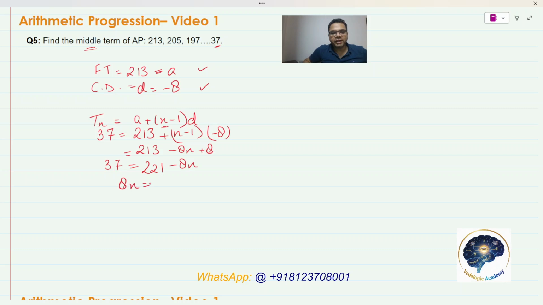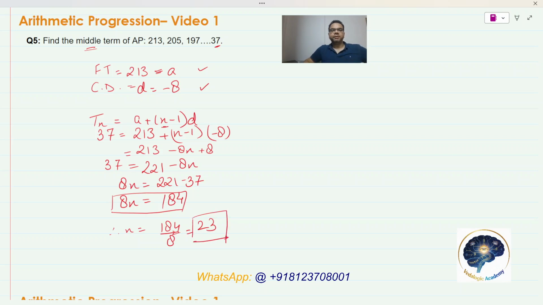So it becomes 8n equals 221 minus 37, which is 184. So n becomes 184 upon 8, which is 23. So there are 23 terms in this AP.